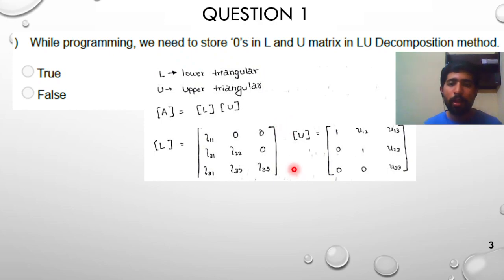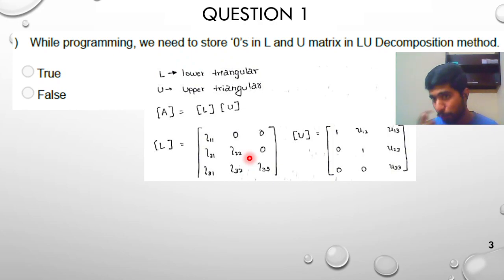Typically we have zeros, but while programming we think about the memory constraints also. Matrices are 2D arrays and they take up a lot of space compared to a 1D array.